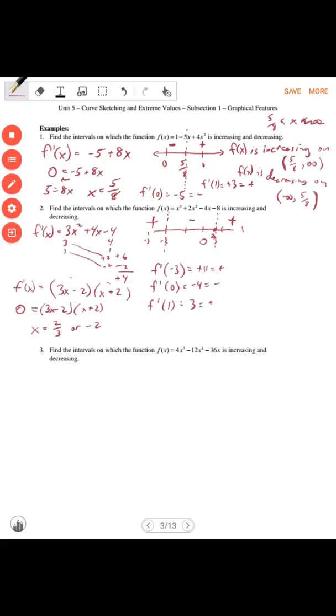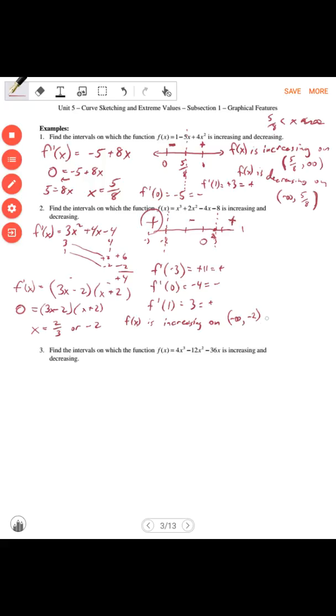Awesome. Now we can say f of x is increasing on the interval. There are 2 of them. The first is from negative infinity all the way up to negative 2, with round brackets because it's not included.